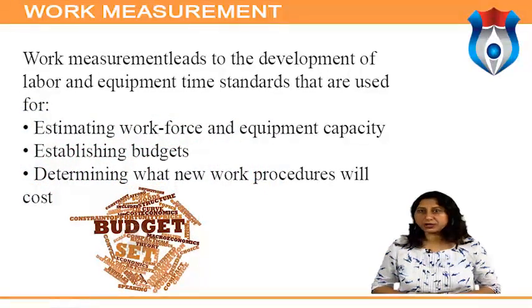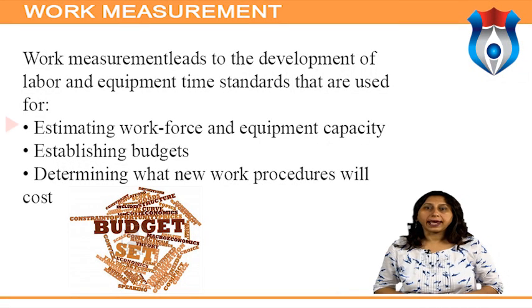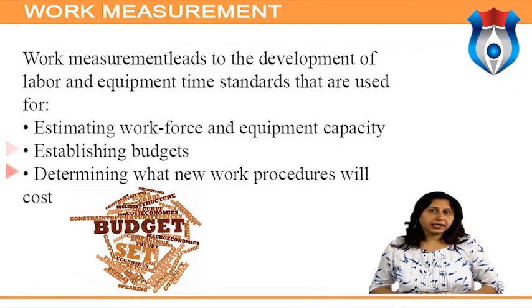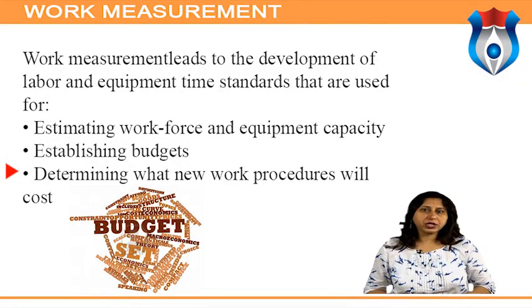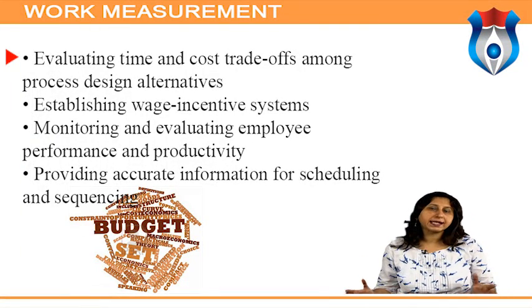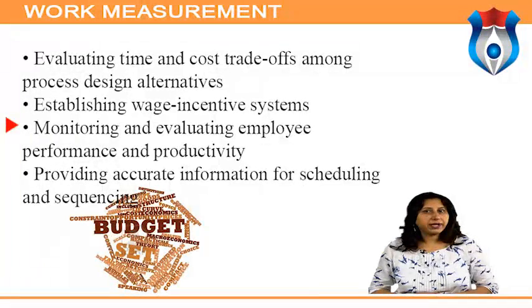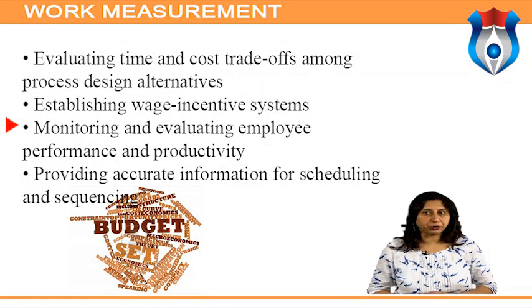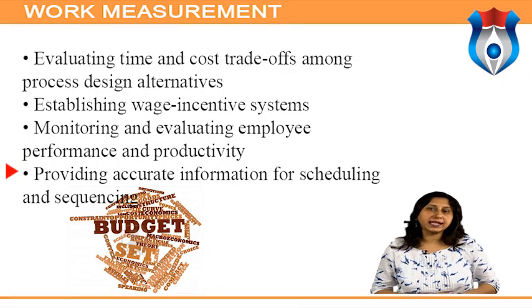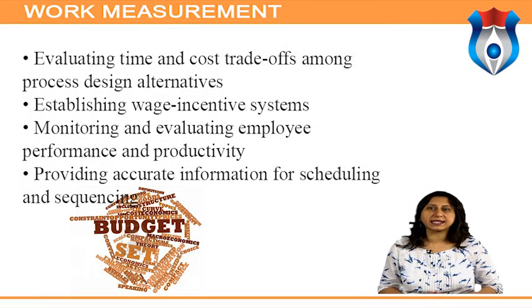Work measurement leads to the development of labor and equipment time standards that are used for estimating workforce and equipment capacity, establishing budgets, determining what new work procedures will cost, evaluating time and cost trade-offs among process design alternatives, establishing wage incentive systems, monitoring and evaluating employee performance and productivity, and providing accurate information for scheduling and sequencing. Without accurate time standards, it is impossible to perform these tasks.